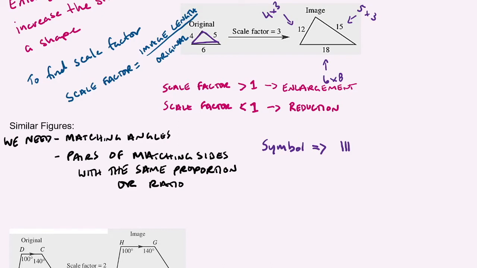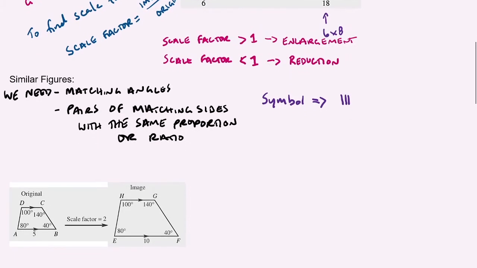So if we look at our little image here, we have our original, and then we have a scale factor of 2, and we have our new shape. So we can say that the shape ABCD is similar, using our little symbol, to EFGH.